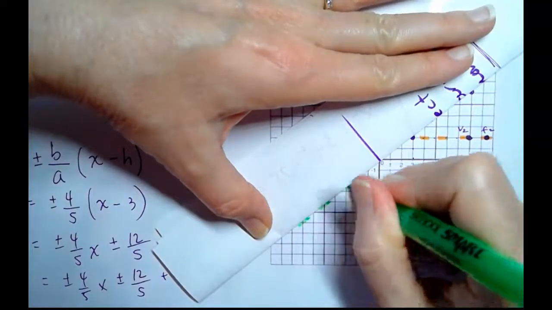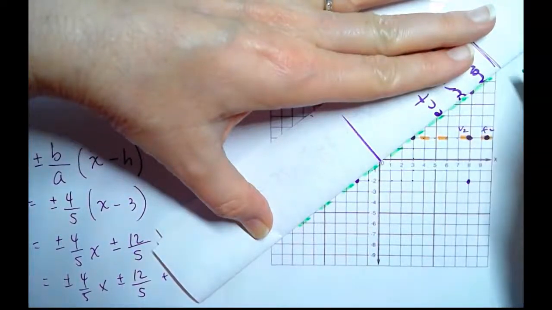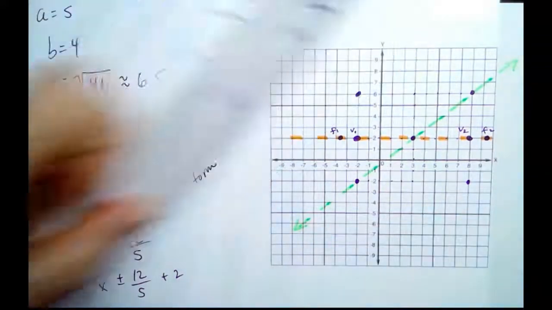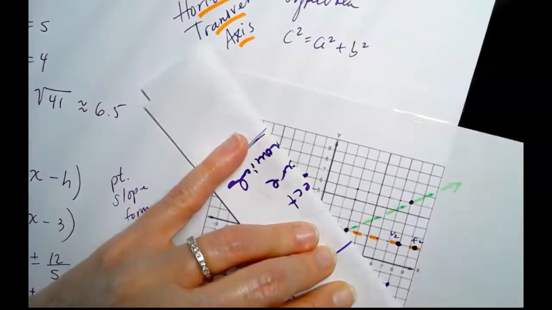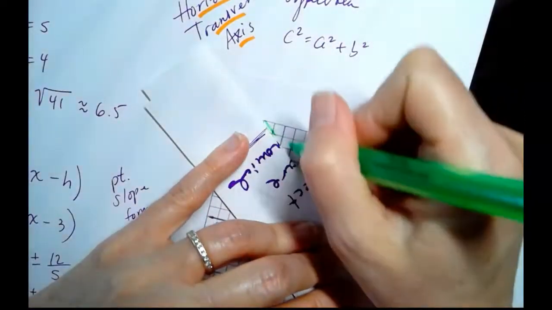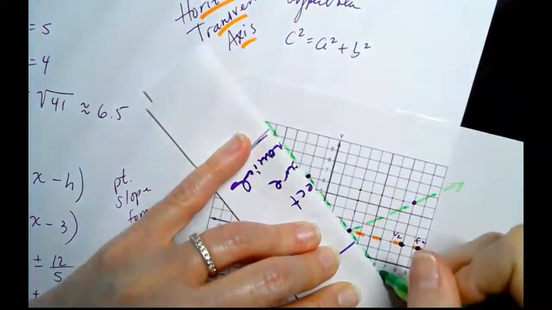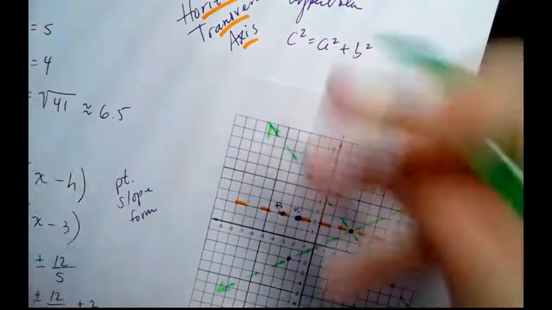They should not be solid. That's why I'm drawing them with a highlighter, and I am also drawing them dashed. They are not solid lines. They are auxiliary. Please draw them dashed. And yes, those two asymptotes are going to intersect at point HK, which is the center point of the hyperbola.